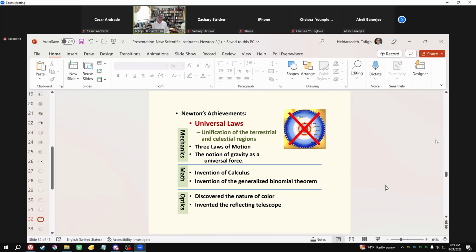The person who demolished this image was Newton. The person who introduced this idea of universal laws was Newton. Laws that govern from the bottom of the earth to the remotest stars that we see.